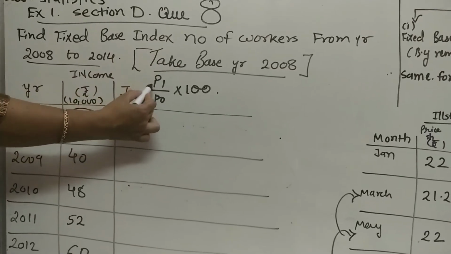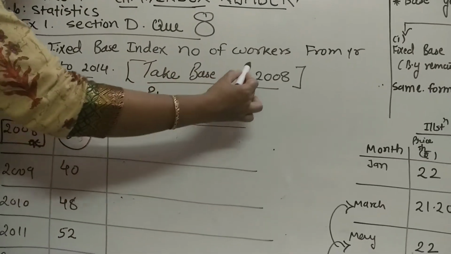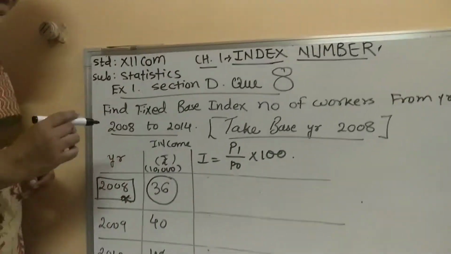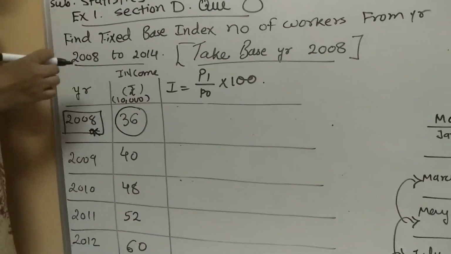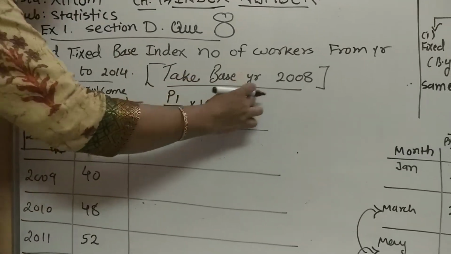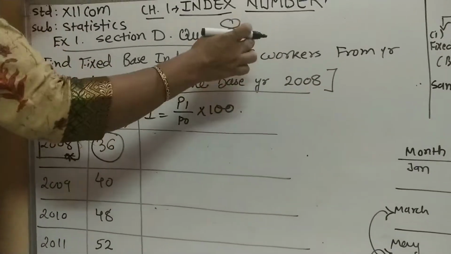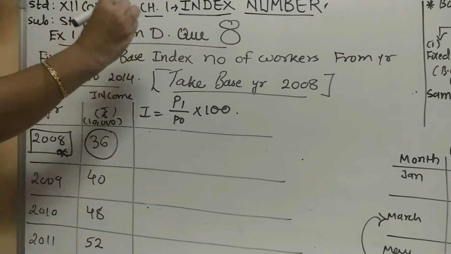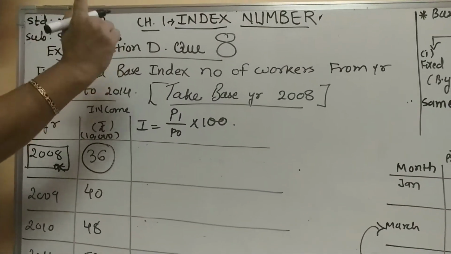In bracket, take base year 2008. This is given in the question. So students, you tell me which method, when it is told clearly to take the base year 2008? My method would be fixed base, where the base year remains fixed, the very first basic method.